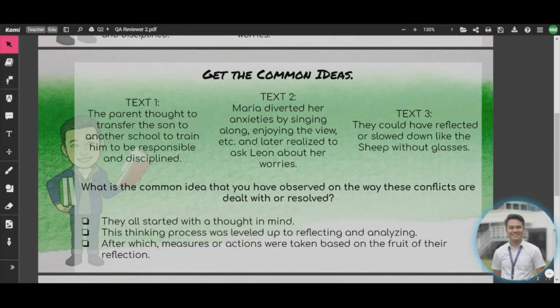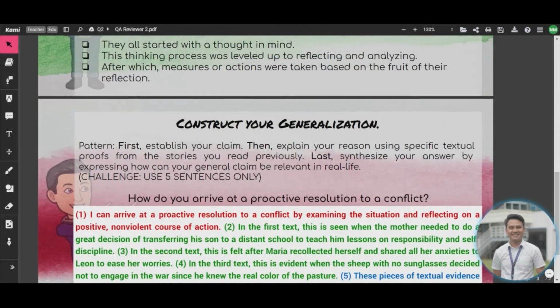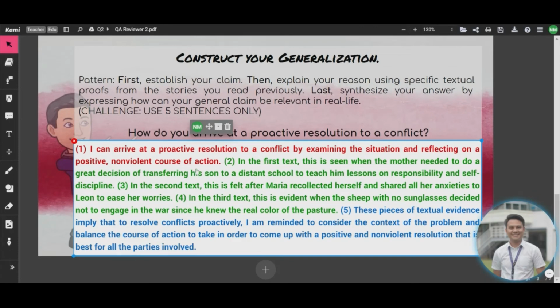Now, let us form these common ideas into a generalization. So here in the generalization, we based our generalization on the given unit insight question, which reads, how do you arrive at a proactive resolution to a conflict? So as you can observe here, there are 5 statements or sentences used in writing the generalization.